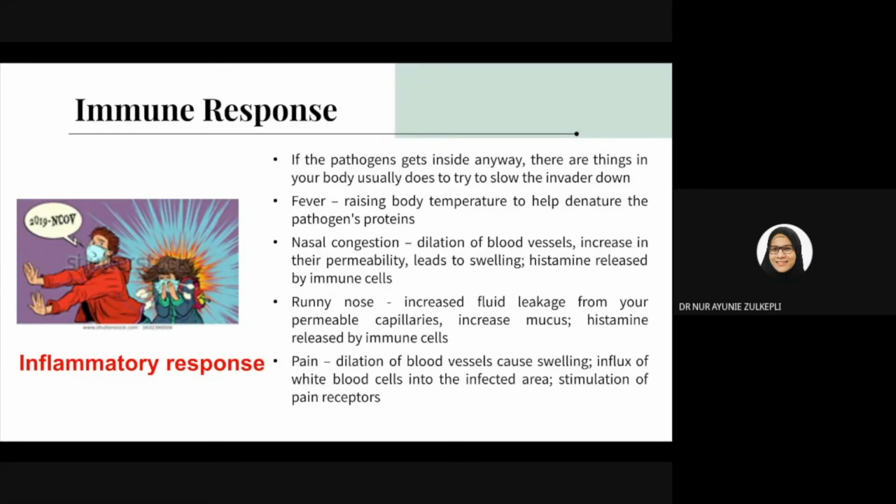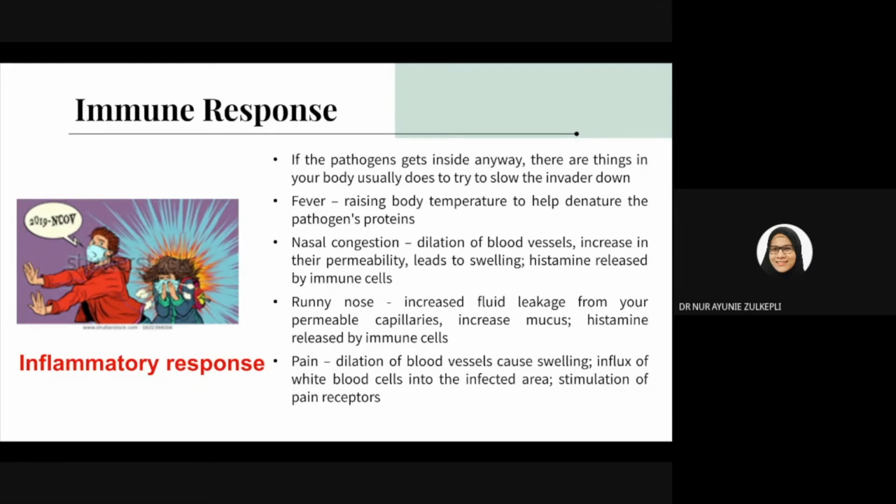And also sometimes when you have an airborne infection, there's nasal congestion. Dilation of blood vessels will increase their permeability, leading to swelling of our nostril. And also histamine is released by the immune cells to help counter the pathogens. And sometimes you have a runny nose, from increased fluid leakage from your permeable capillaries, increased mucus and histamine released by the immune cells.